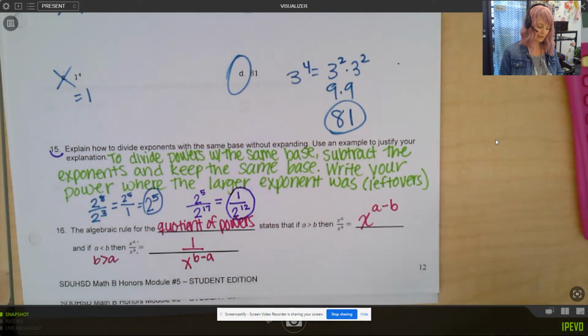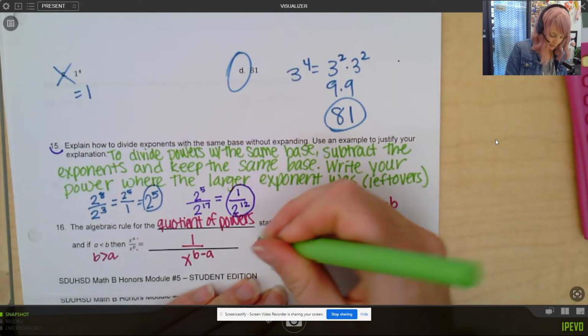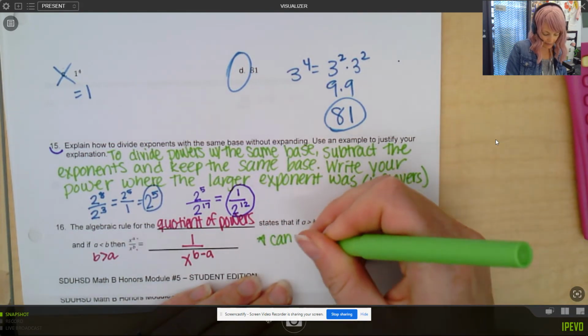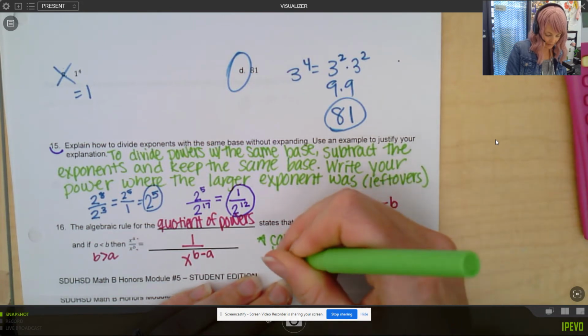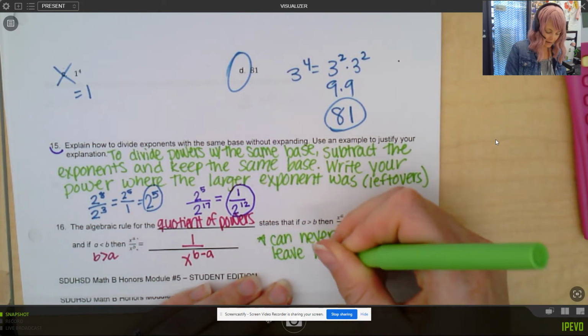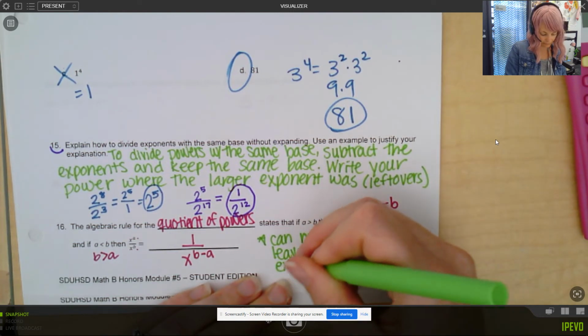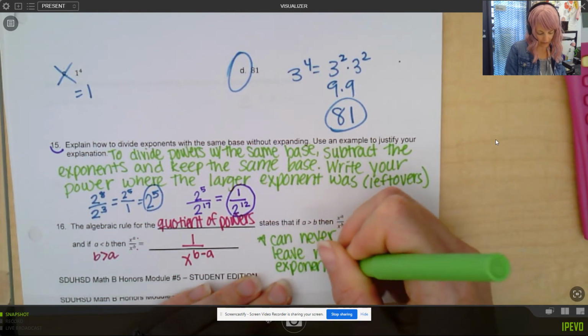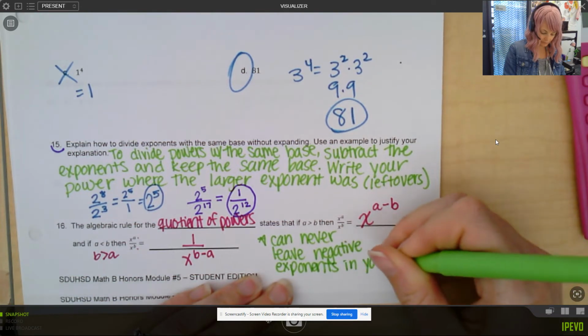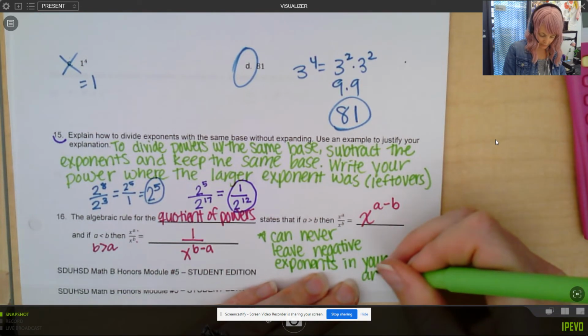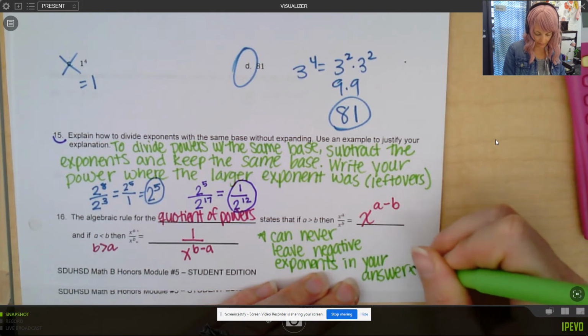Wonderful. What's really important here is you can never leave negative exponents in your answer. It is not simplified.